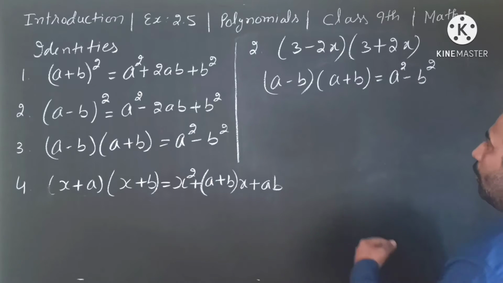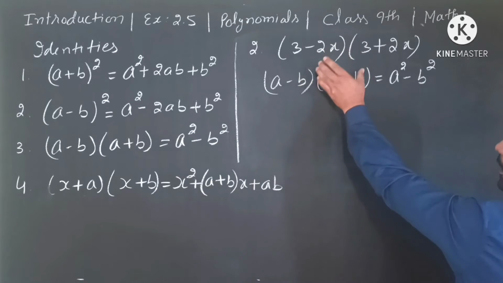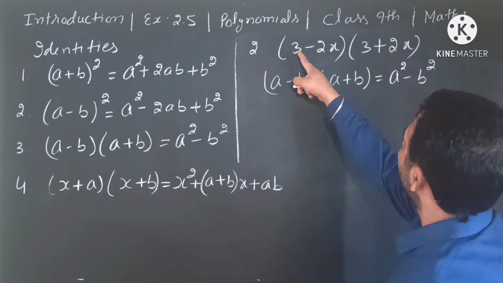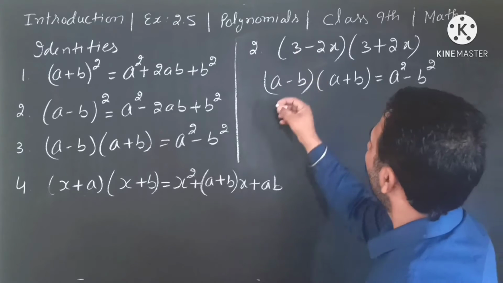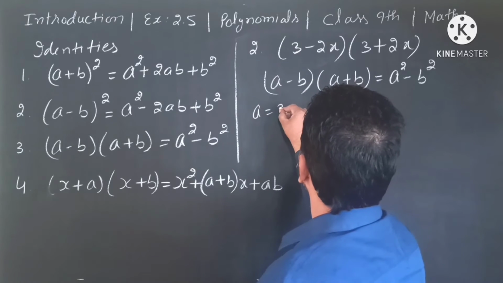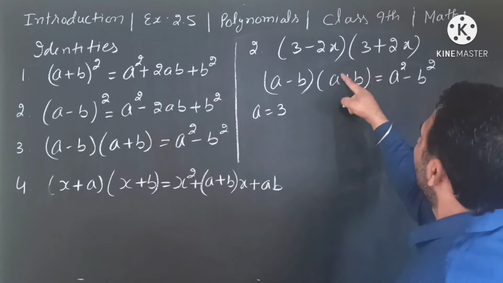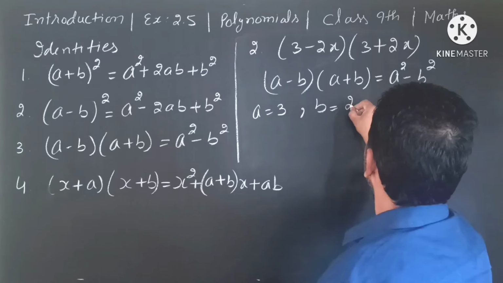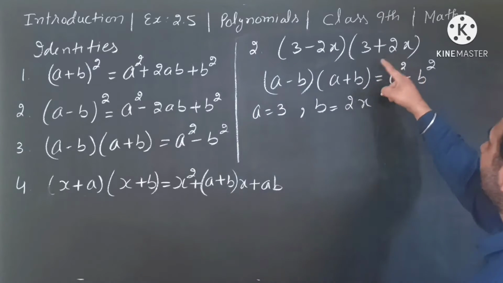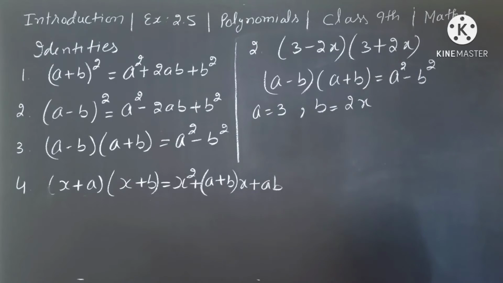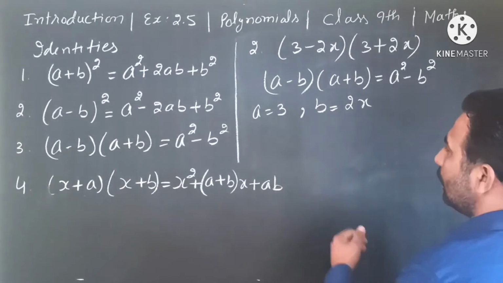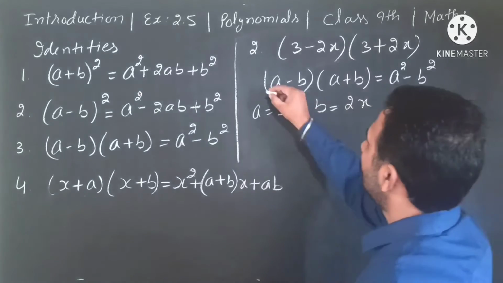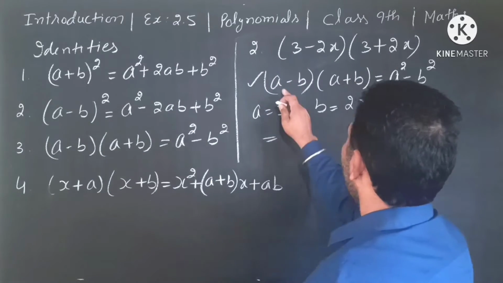Okay, so when we are comparing these two brackets, we can check the value of a is 3. From here also the value of b is 2x. From here also we can check the value of b is 2x. So we will substitute the value a is 3 and b is 2x in this polynomial. a minus b.